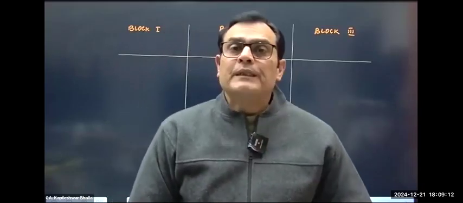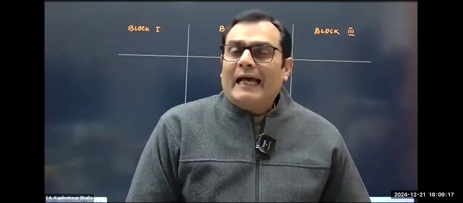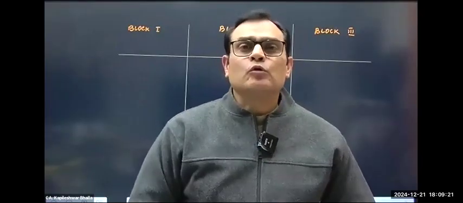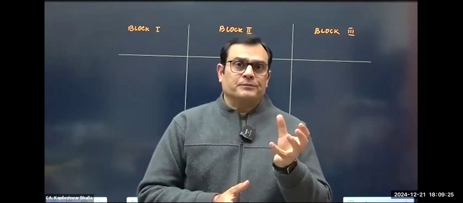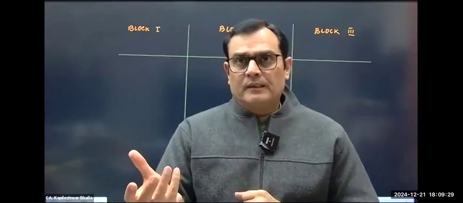Let me first of all tell you, if a company incurs an expenditure and it wants to reflect an asset in the balance sheet, there are 2 parameters which you need to meet. One is called definition and one is called recognition criteria.